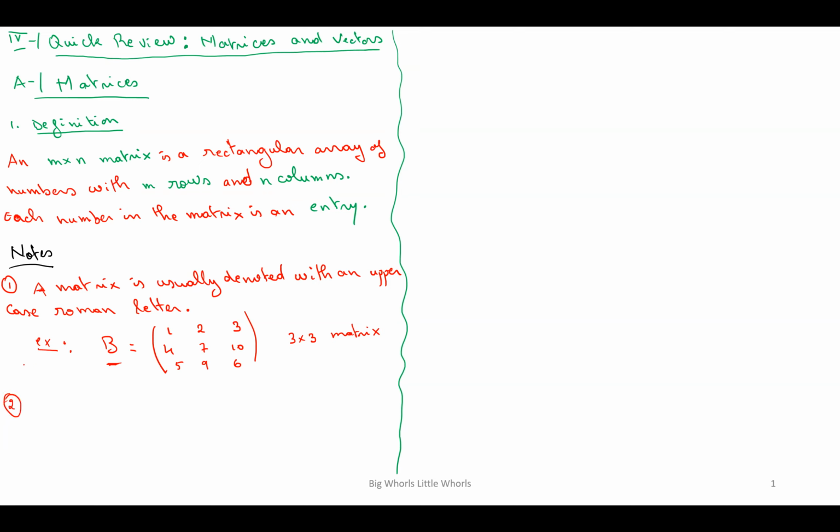Note 2: matrix entries are denoted with the corresponding lowercase Roman letter.